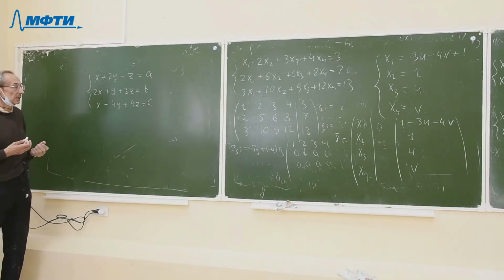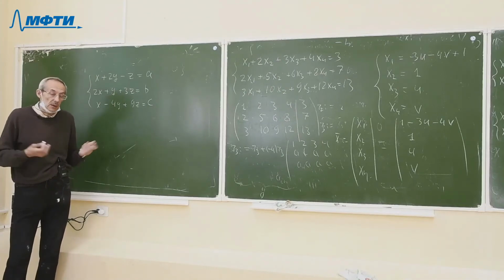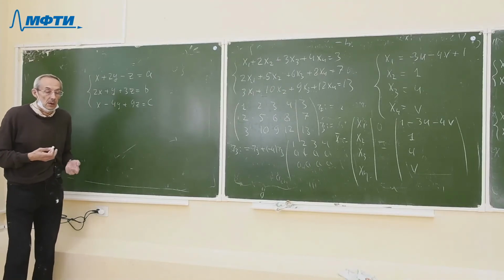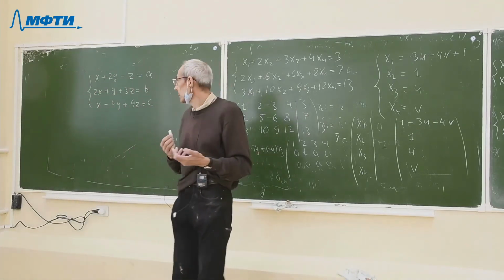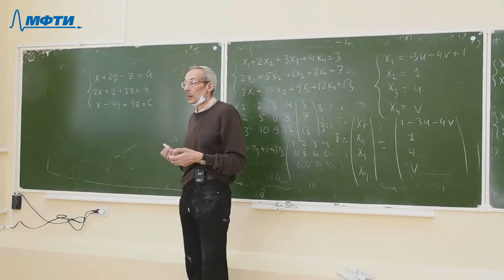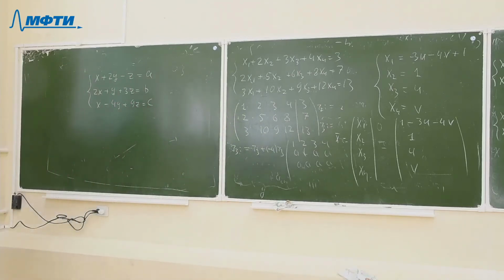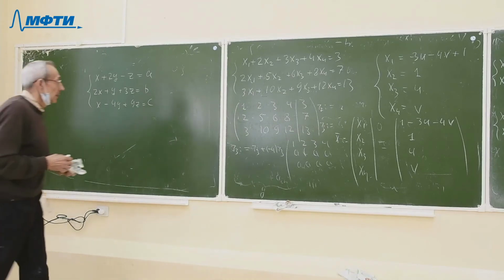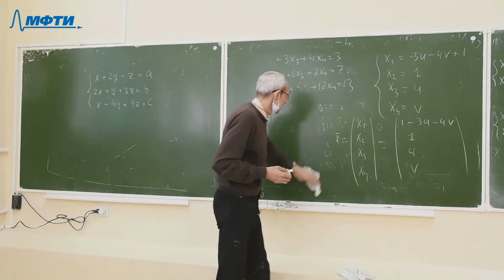And we must express the three-tuple in terms of these parameters a, b, c. And we must show that maybe for some values of these parameters, this linear system has no solutions. Okay, let's start and solve this linear system.